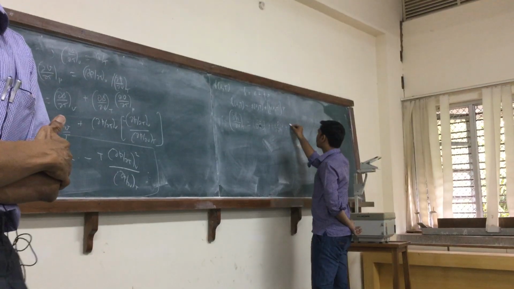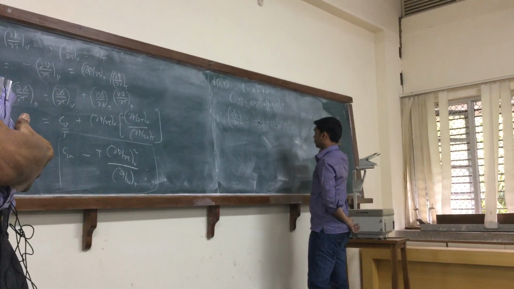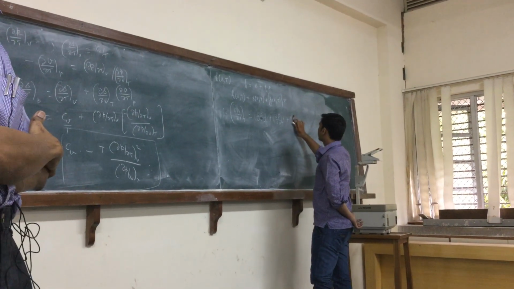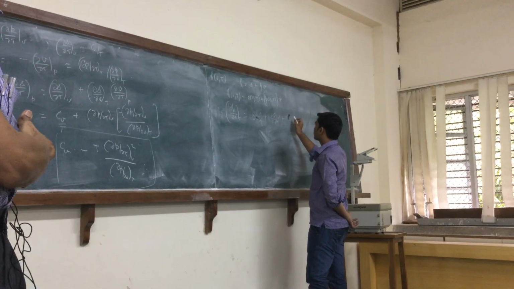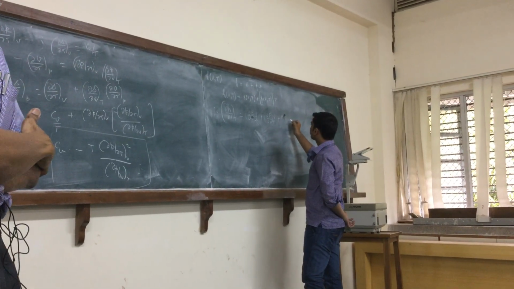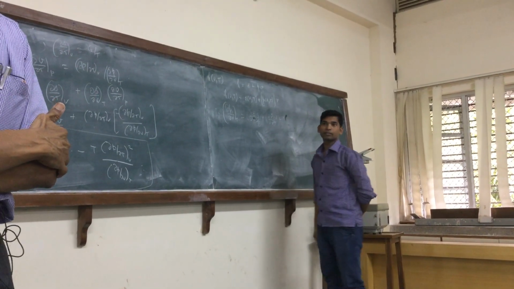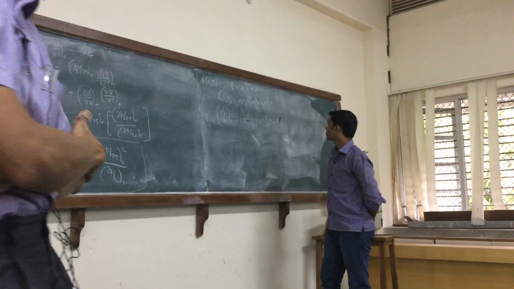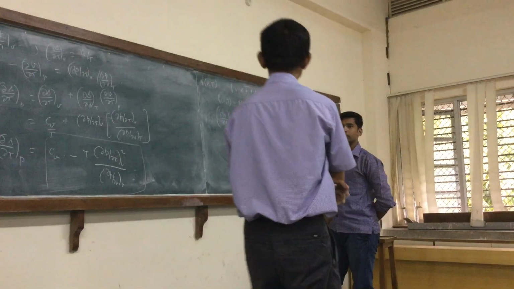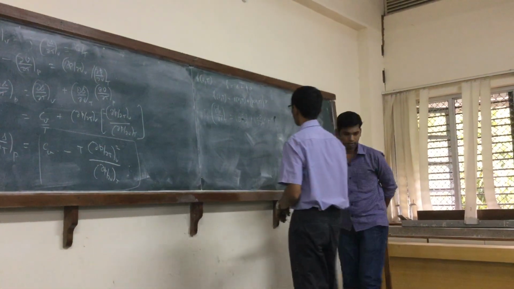What is the second term? P times the derivative of V with respect to itself, which is 1, because V and T are the independent variables. So when you are differentiating V, there is no question of constant and variable. Yeah, so that is what it is.